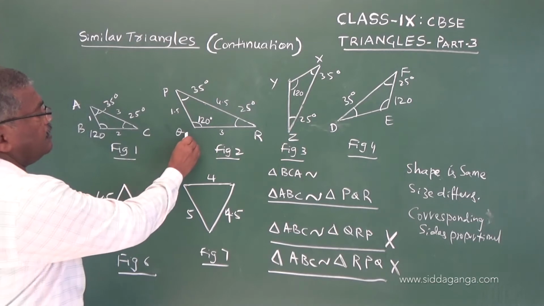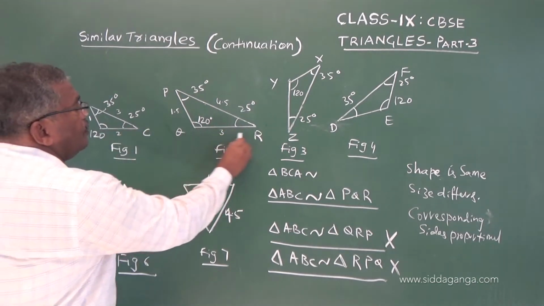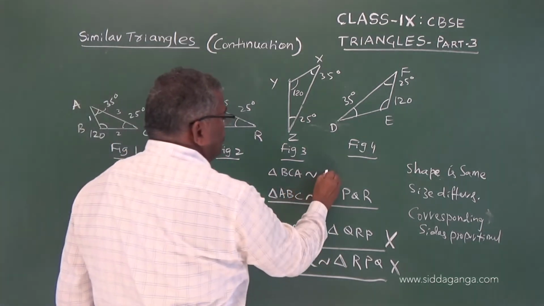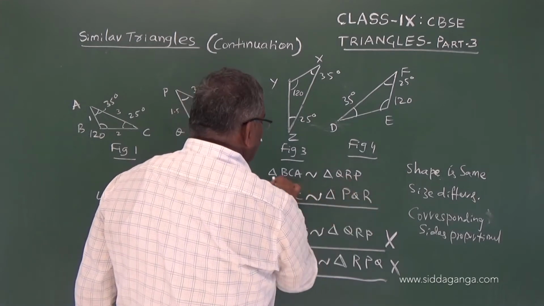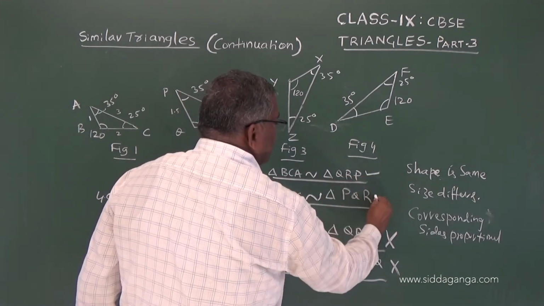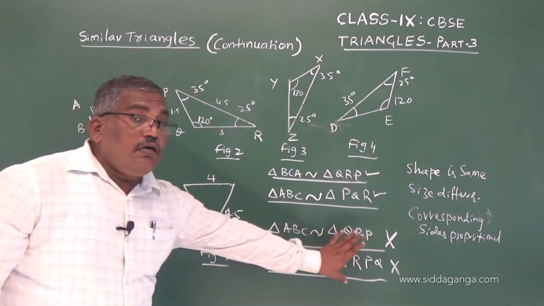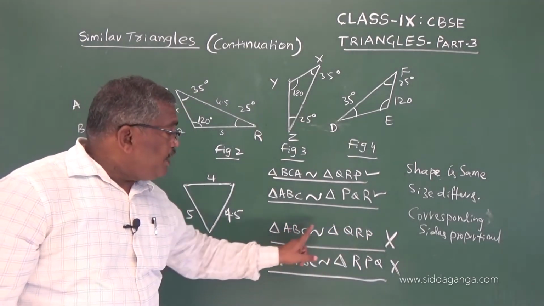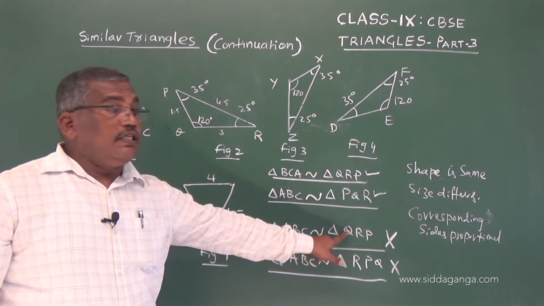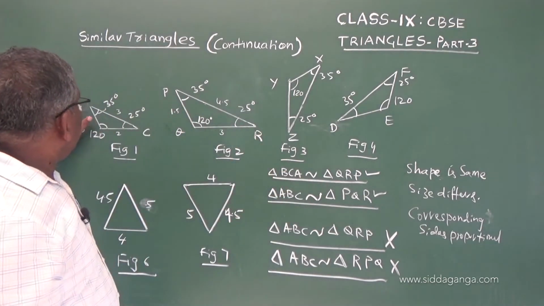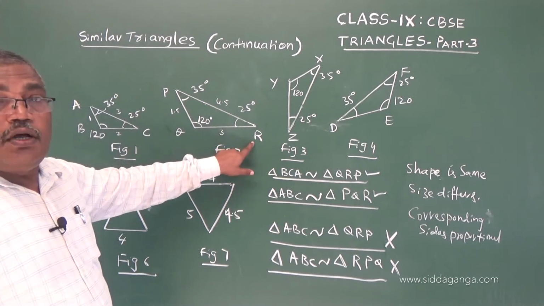BC is the base, that is 120 degrees here, 25 degrees here. So you can write these two ways, but like the wrong ones you cannot represent, because the corresponding vertices are not equal in this case. So therefore triangle ABC is similar to triangle PQR.